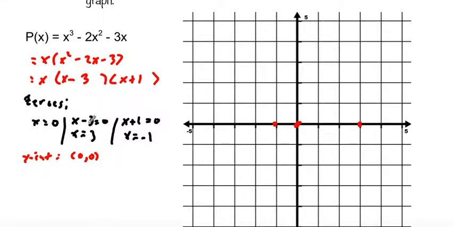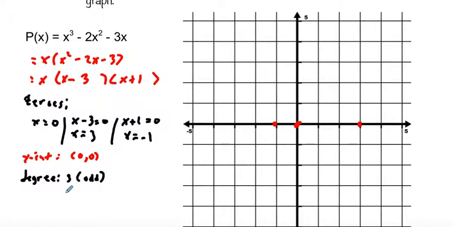And then let's look at the degree because we're going to look at the end behavior here. The degree is the highest power of an x in the problem, so if you look back at the original p of x there, it equals x to the third. The leading term there is x to the third, which is odd. And so it has a degree of 3, which is odd.